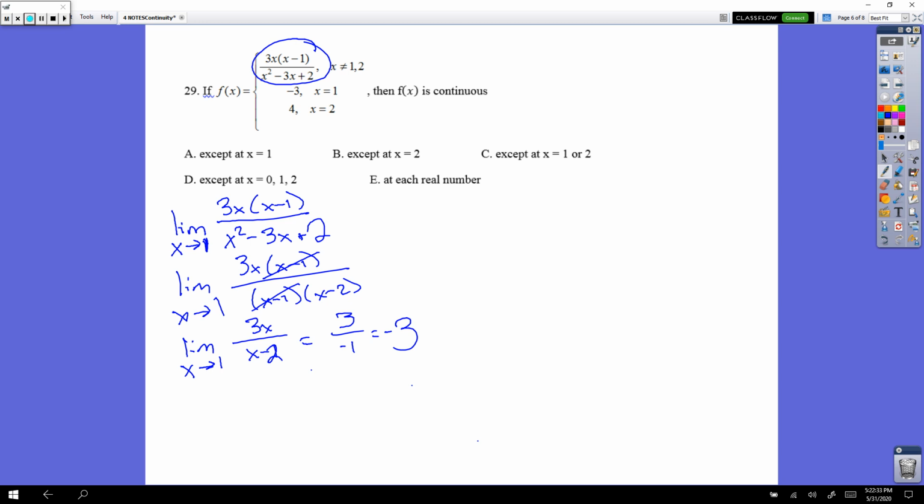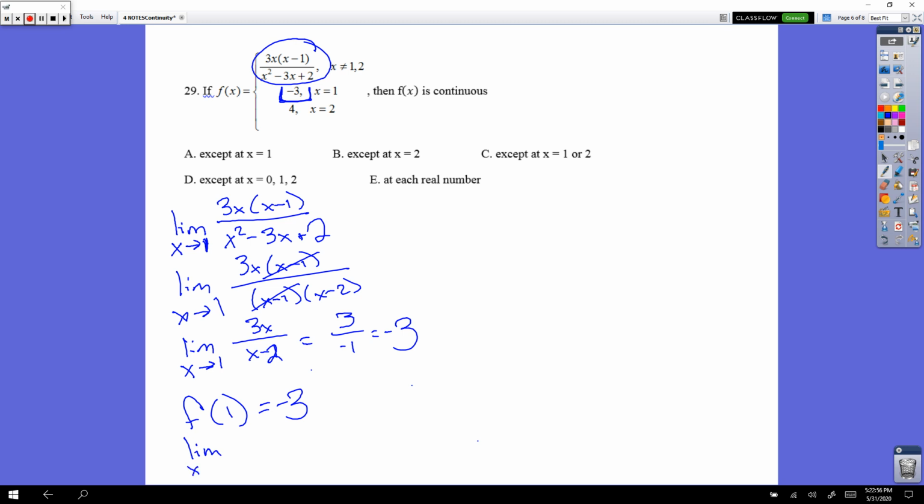Now I want to see what happens when I just find f(1). When I look at my whole piecewise function, when x is 1, my answer is going to be negative 3. So since the limit equals negative 3 and f(1) equals negative 3, I'll go ahead and write that out just so you can see it.